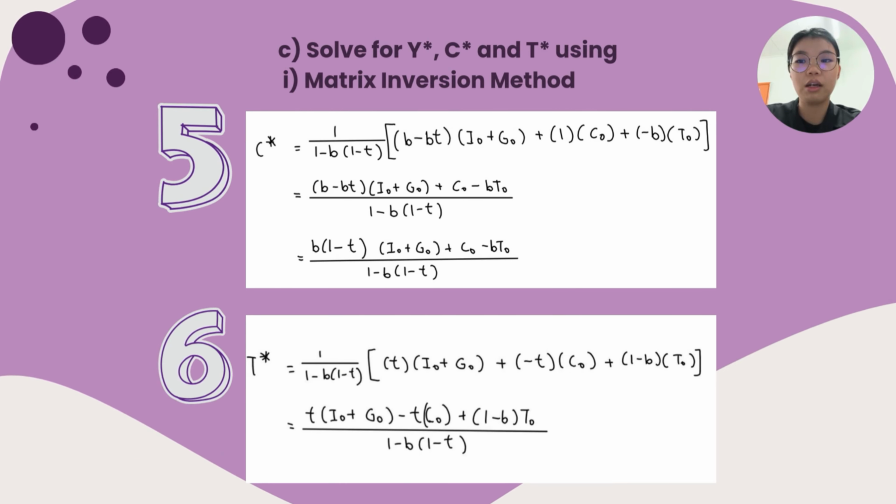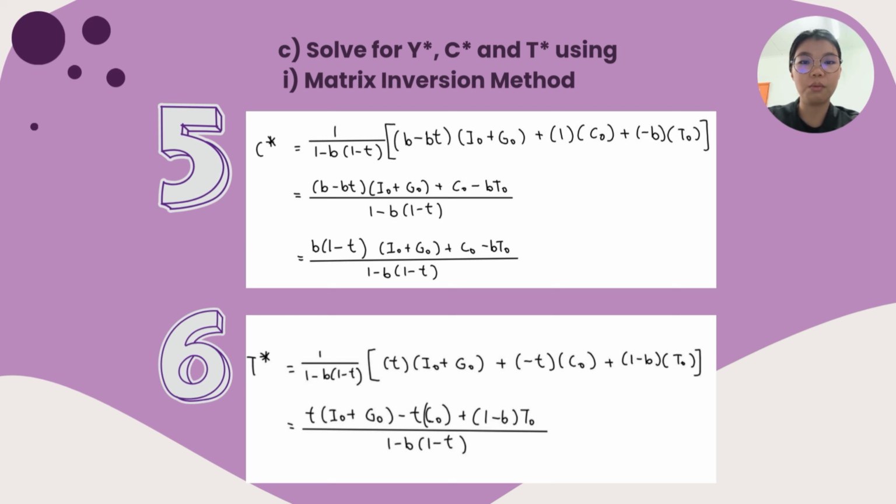For C, we will take the second row of the inversion of A and the vector of constants, and we get C equals b times 1 minus t times Io plus Go plus Co minus bTo over 1 minus b times 1 minus t.